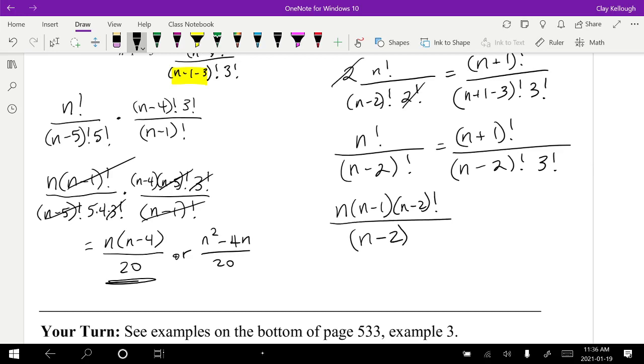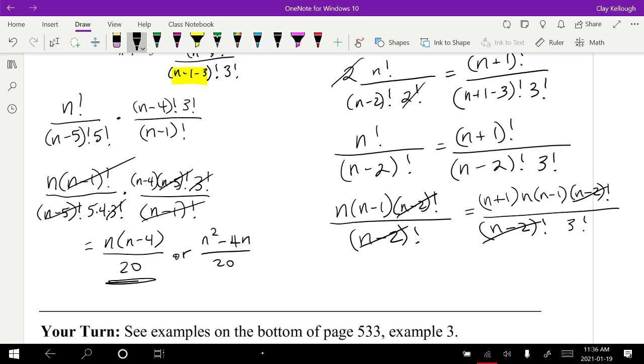That cancels the bottom. Isn't that nice? Bye-bye. Over on this side, this is n plus 1 times n times n minus 1 times n minus 2 factorial, which cancels the n minus 2 factorial on the bottom. Still stuck with the 3 factorial though.